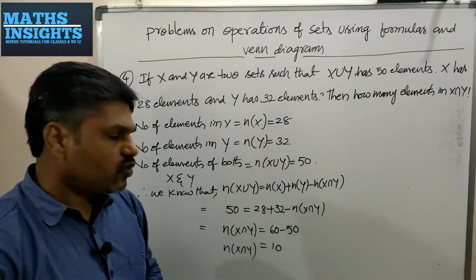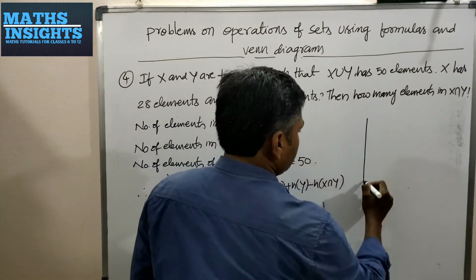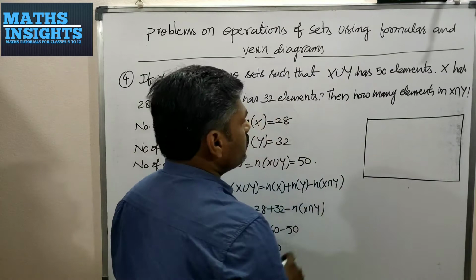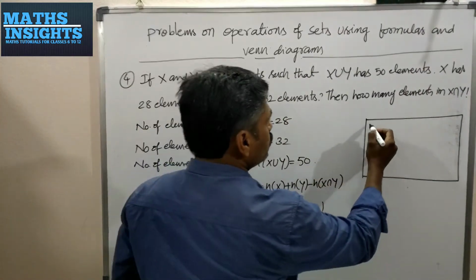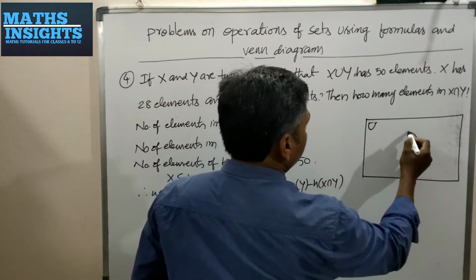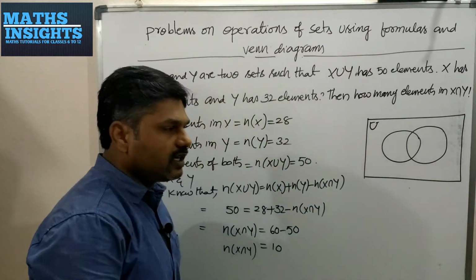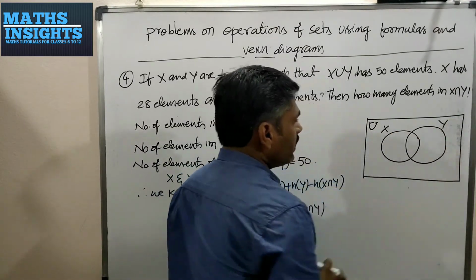Now I will show this information by using Venn diagrams. See, you know very well the universal set. Now I am taking the set X with a circle, so represent X with X and Y also.